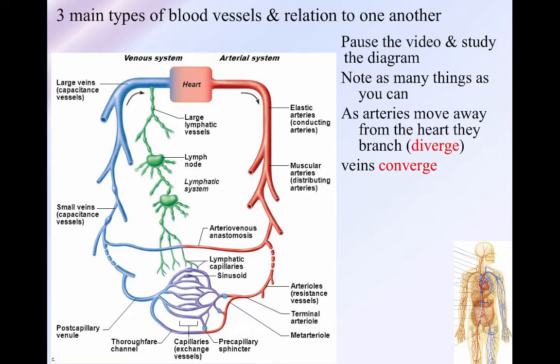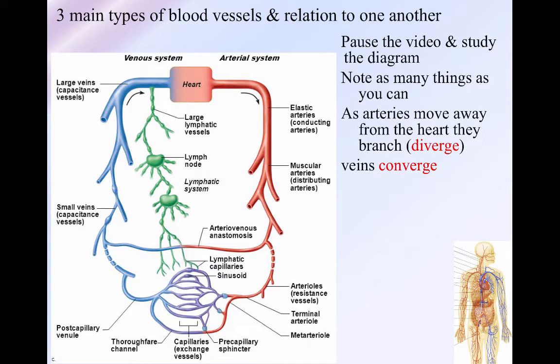You might also notice that there are different types of arteries. And so we have very large arteries that are also known as elastic arteries because they have a very high elastic component to them. Then we have muscular arteries, and then we have the smallest of all the arteries, the arterioles. You can also see that there are capillary sphincters leading into the capillaries.